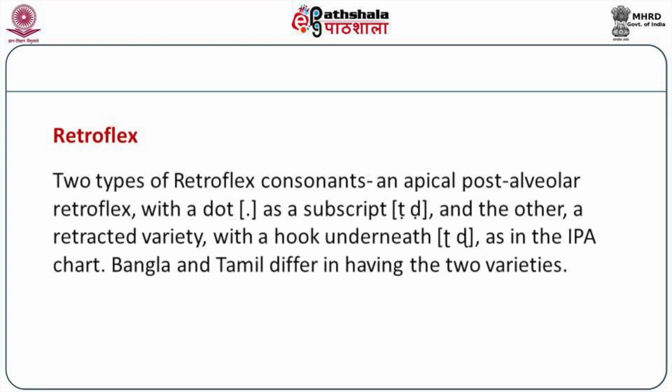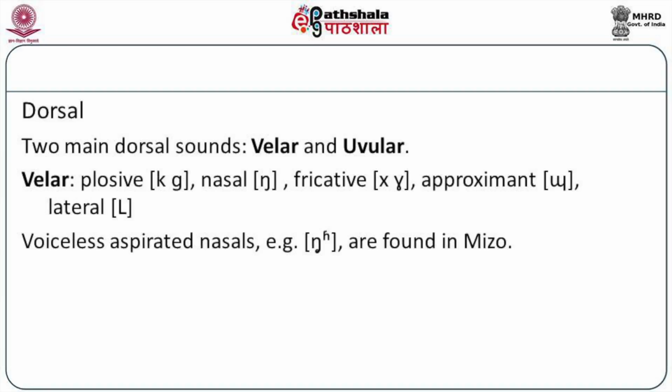For a soft one, we use the device of a dot below a symbol. So a t with the dot means it's a soft retroflex consonant, and a t with the hook beneath is a strong retroflex consonant. One of the best known phoneticians, Ladefoged, distinguished between them and thought that languages differ on account of whether they have soft or hard retroflexes.